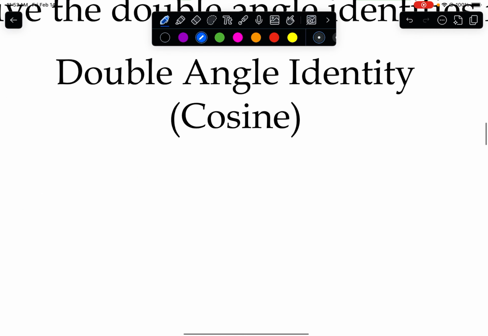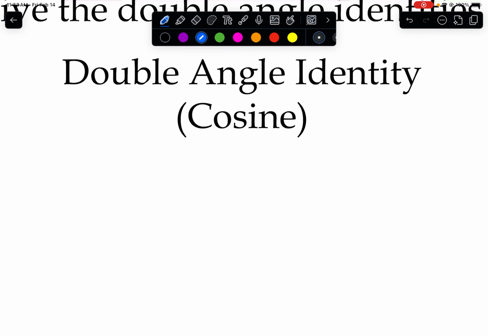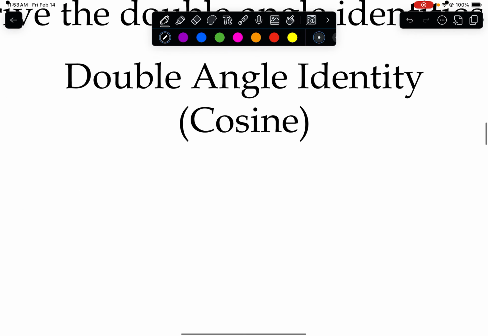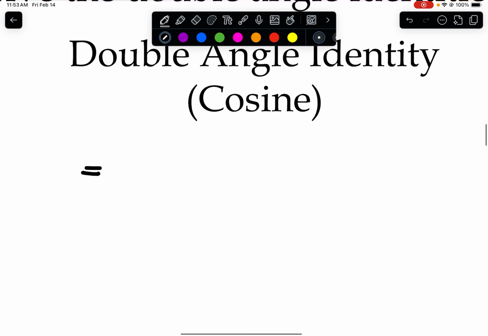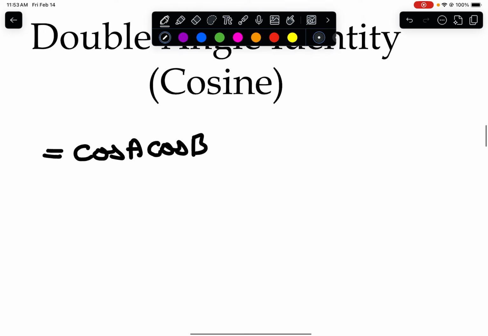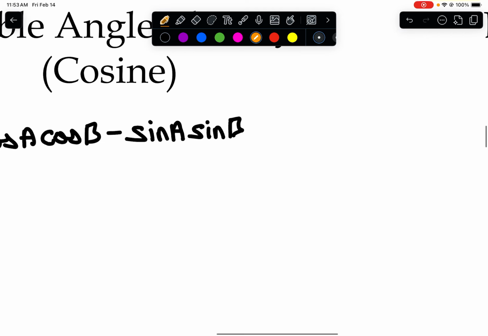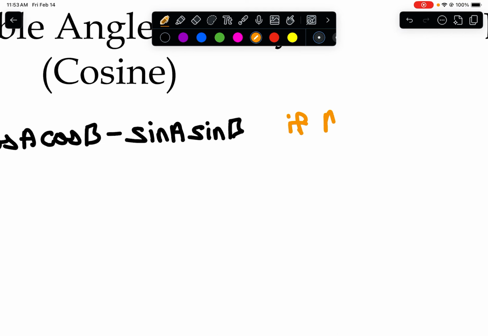Now, same idea over here with the double angle identity for cosine. We're going to do a cosine summation. So my cosine summation is going to be cosine of A, cosine of B, those values being multiplied. And then for the summation, we're going to subtract sine of A times sine of B. Now, once again, what's going to happen if my A value is equal to B?